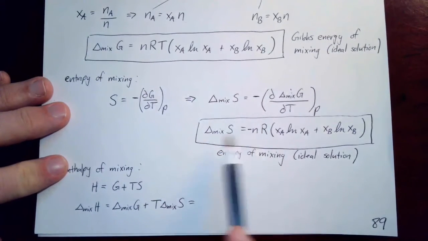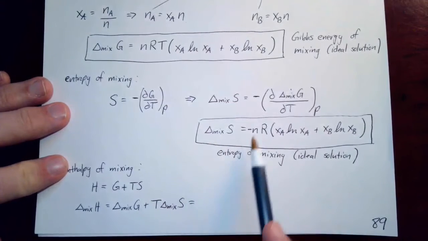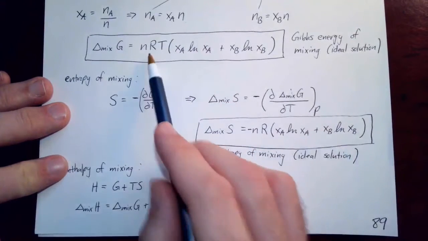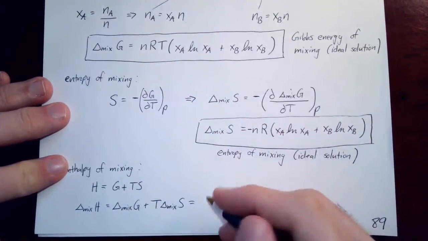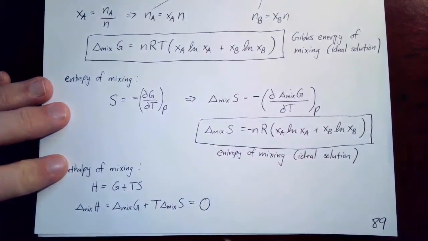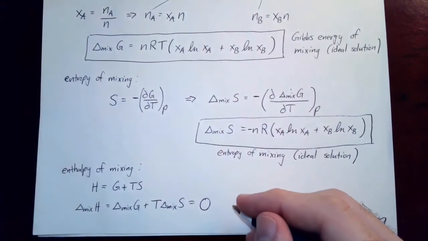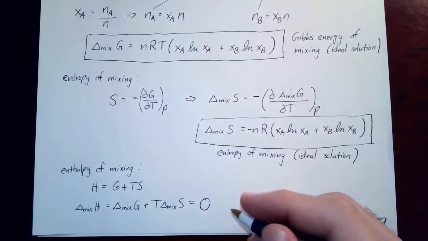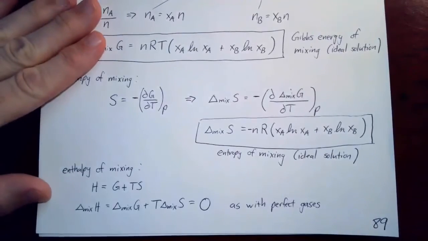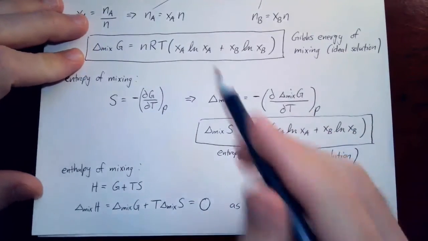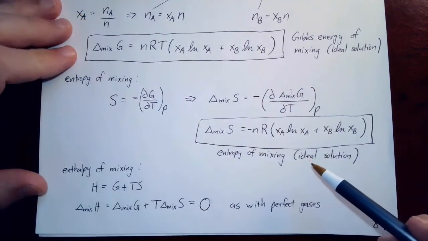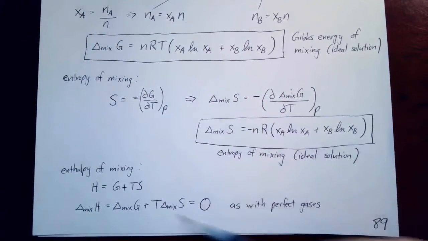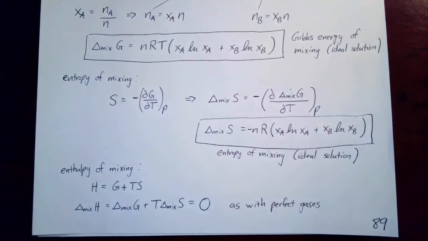If I multiply this delta S by T, now I've got negative nRT, and I'm adding to that positive nRT with the same thing in parentheses here, so we can see that this is 0. And this is exactly as it was with gases. So all of these equations that I've written down here were the same as the ones that we wrote for perfect gases. And so that means the conclusions that we drew for perfect gases in section 5a also hold for ideal solutions.